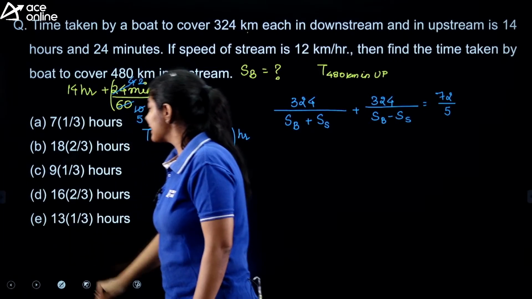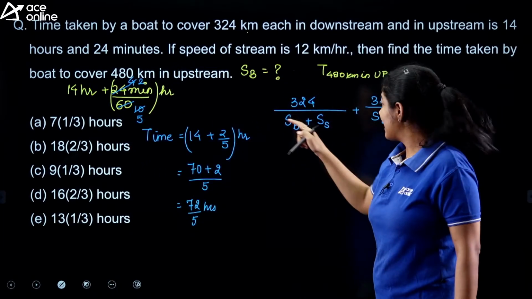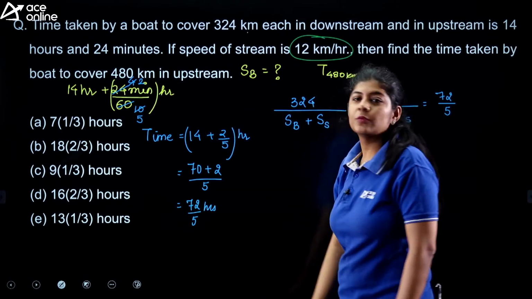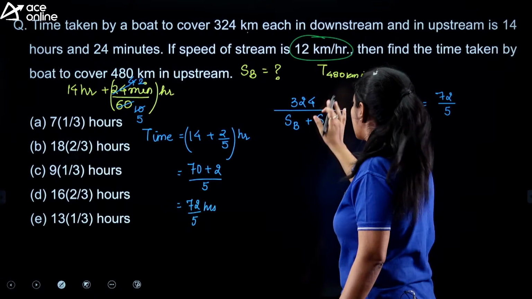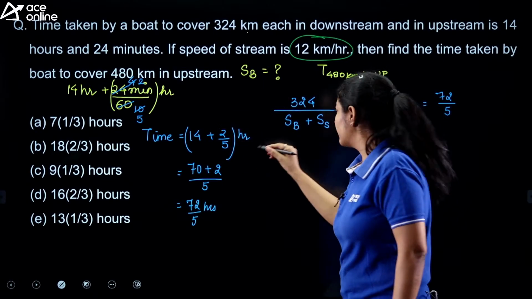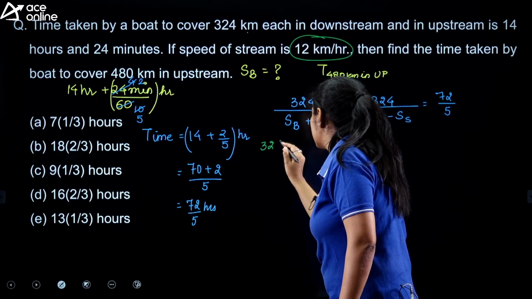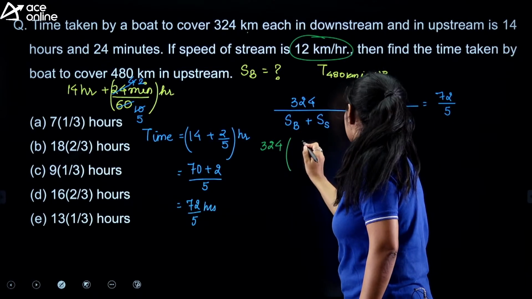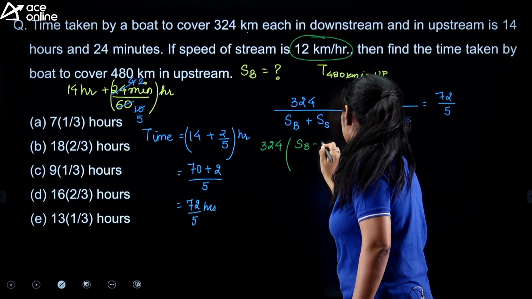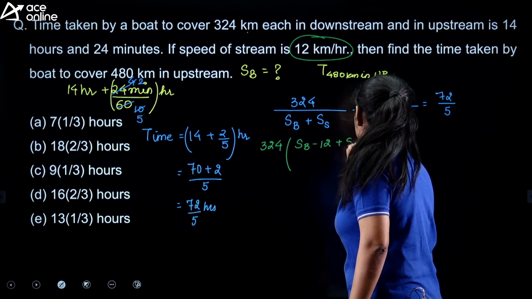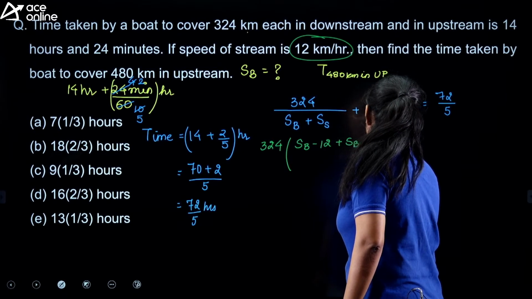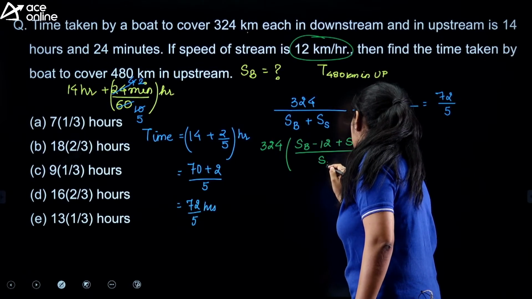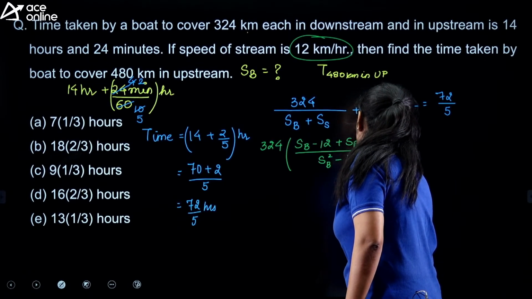Now the question says that the speed of the stream is given as 12 km per hour. So we are going to substitute it, but before that we take 324 as common. If I take the LCM, here I have speed of the boat minus 12 plus speed of the boat plus 12, divided by speed of the boat square minus 144.